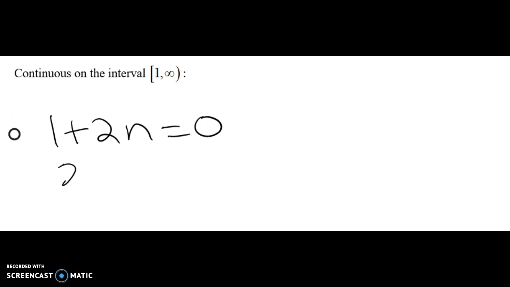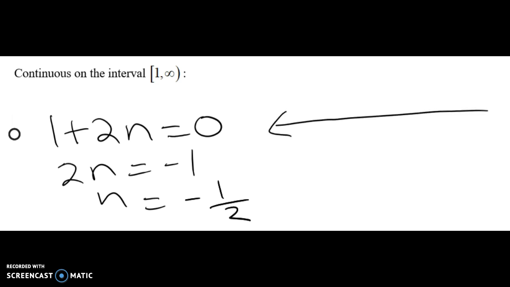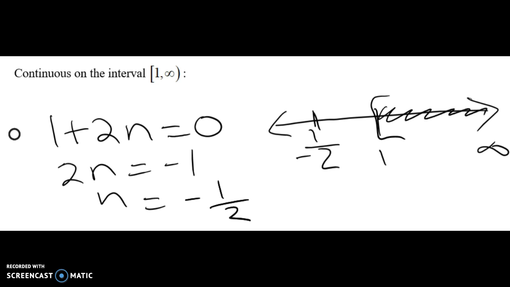We get 2n is equal to -1, and n is equal to -1/2. Since we're talking about the interval from 1 to infinity, this is where we have to be continuous, and n cannot be -1/2. This is outside the domain we're looking for, so it doesn't matter. And so it is continuous on the interval from 1 to infinity.